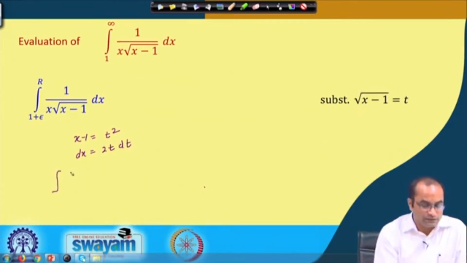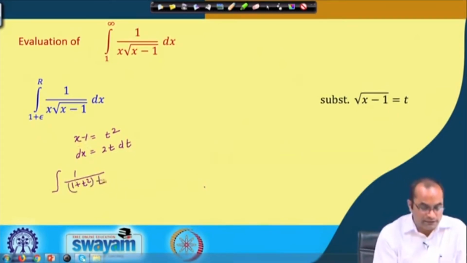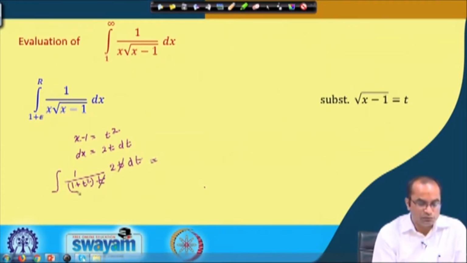So, in this case, if we talk about the indefinite integral, 1 over x is replaced by 1 plus t squared now, and the square root of x minus 1 is replaced by t, and dx by 2t dt. So, this t gets cancelled and this integral becomes just 2 over 1 plus t squared dt, which we can integrate.